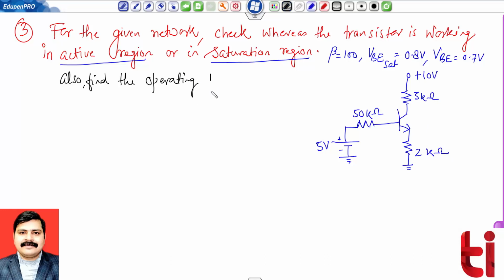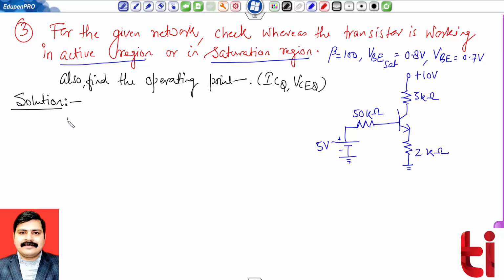Also find the operating point. The meaning of operating point here is that we have to find the values of ICQ and VCEQ. For the solution of such numericals, there are two methods.